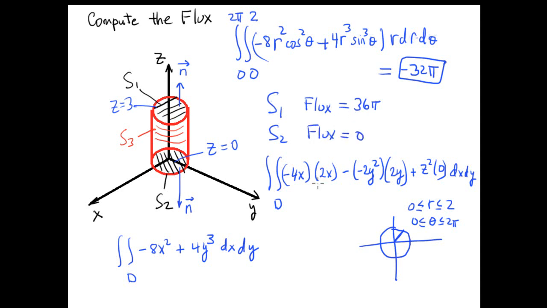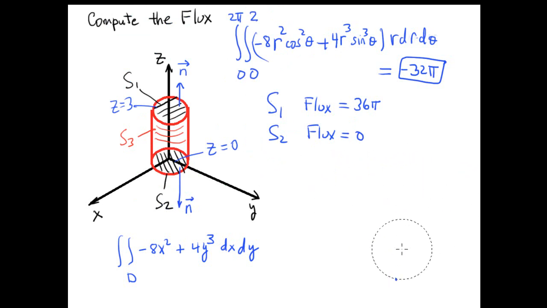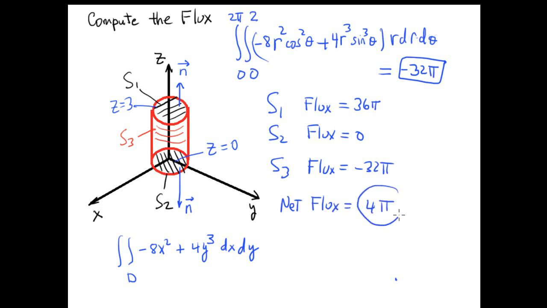In surface 3, the flux was negative 32 pi. Therefore, the net flux in this closed surface is 4 pi, adding everything. Okay.